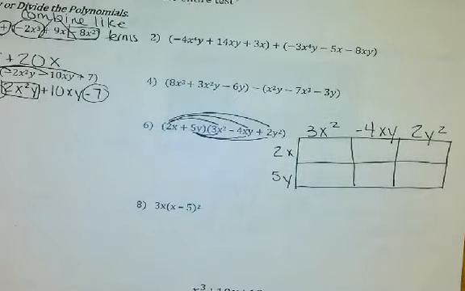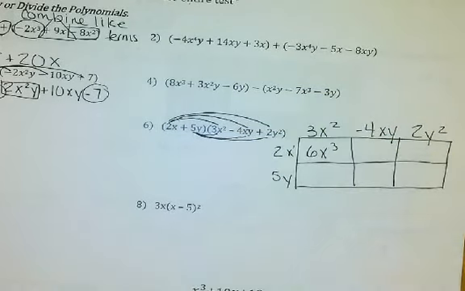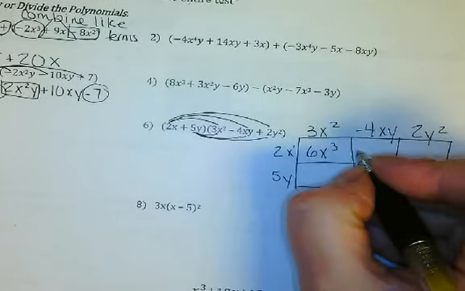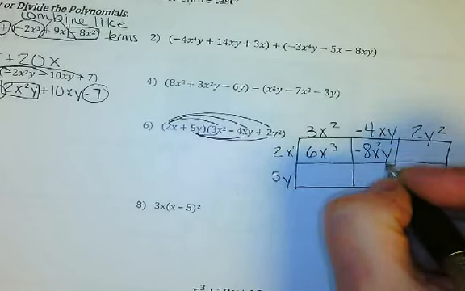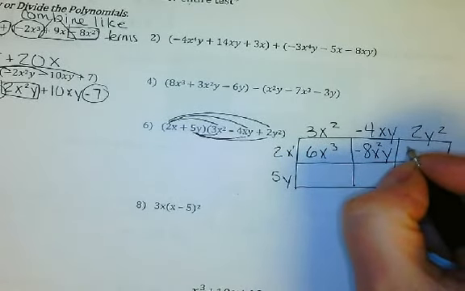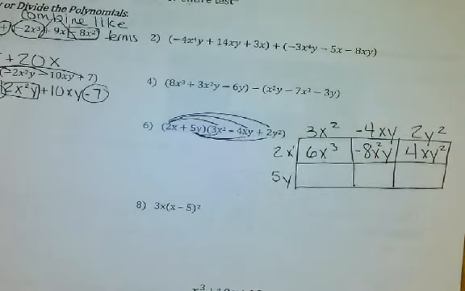Alright, so I'm just going to start filling out the box since I drew it. For this one, this would end up being 6x cubed because of the x to 1 and the x squared. This would be negative 8x squared y because there's two x's you're multiplying, and then y. And this would end up being 4xy squared because you can't really add any of those exponents because they're not alike.